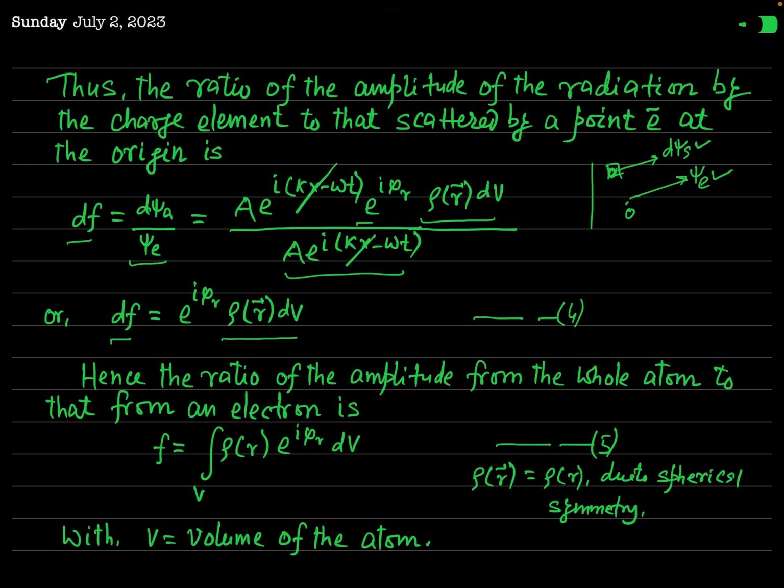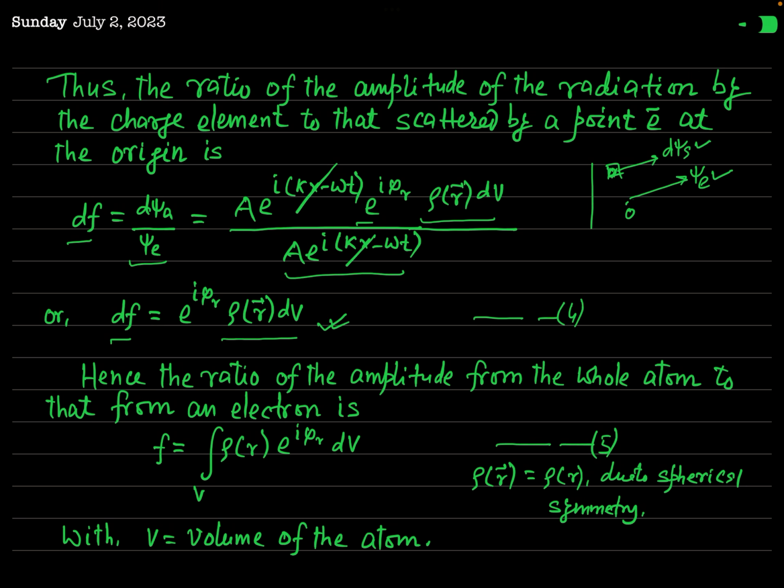So to get that, you must integrate this equation 4. When we integrate this equation 4 for appropriate limits, you will get the ratio of the amplitude from the whole atom to that from the electron.